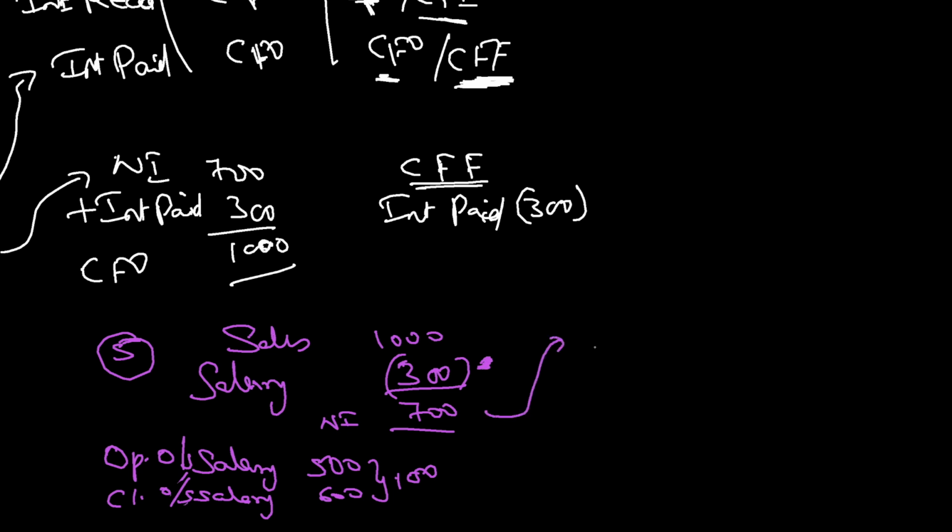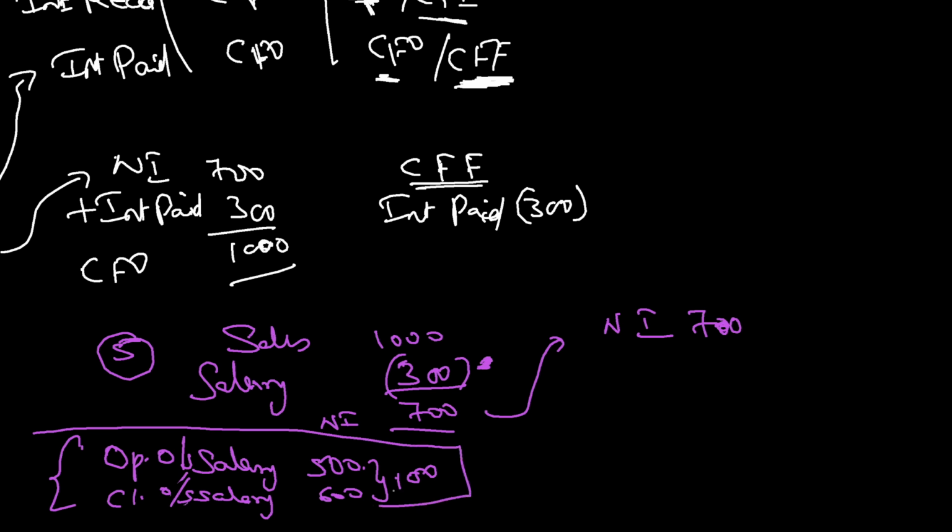When I convert this into the indirect method of CFO, net income is 700. When I look at the balance sheet, I can understand that this current liability has gone up for me. Because the current liability has gone up, it shows that I have not yet paid 100. 300 is the expense incurred, but I paid only 200.